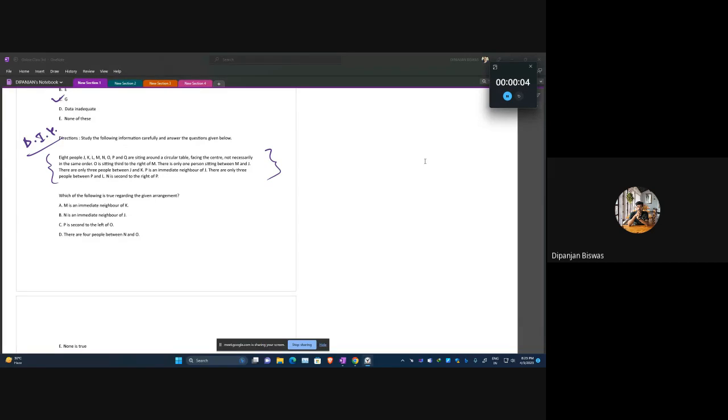If anyone is able to solve the arrangement, just the arrangement, then you can just tell the order of things. I'm again starting the timer. So this is your last 1 minute. Try to solve it.